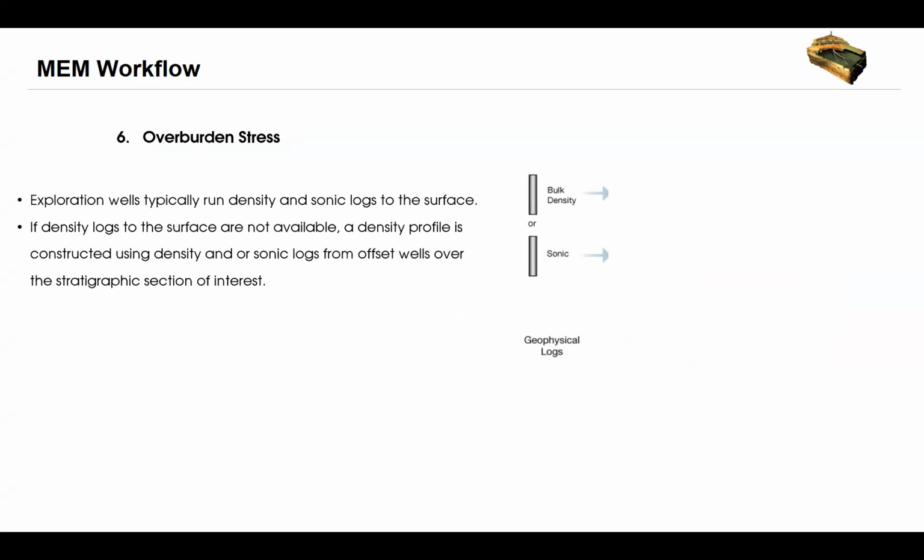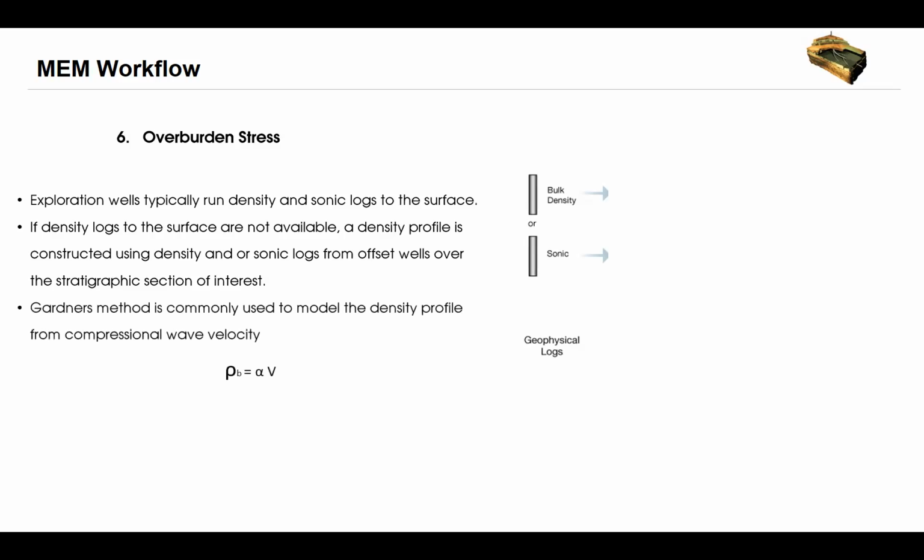Exploration wells typically run density and sonic logs to the surface, but for development wells and production ones, we do not have this opportunity, so we have to use some relationship to get density to the surface. So if density logs to the surface are not available, the density profile is constructed using density and or sonic logs from offset wells over the stratigraphic section of interest, or the Gardner method is commonly used to model density profiles from compressional wave velocity from the DTC.